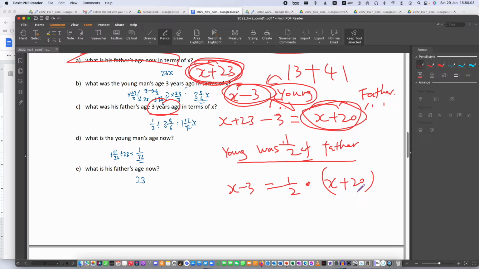x equals... are you done? Do you get a whole number?